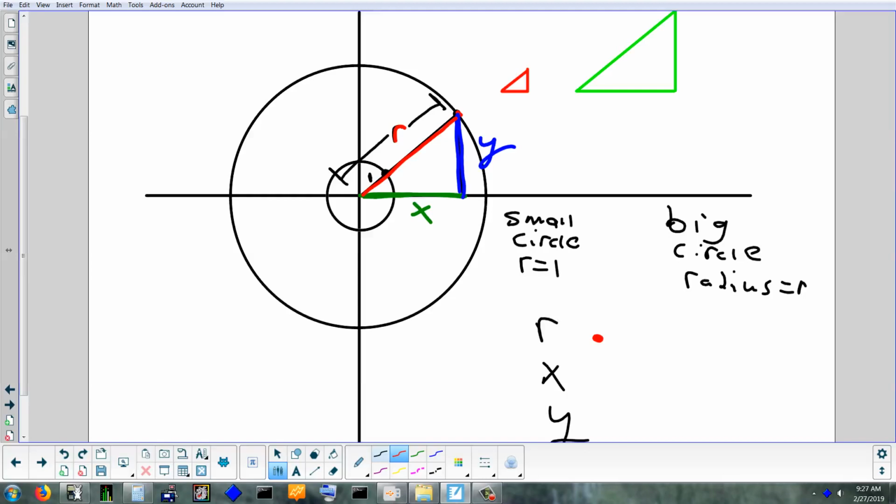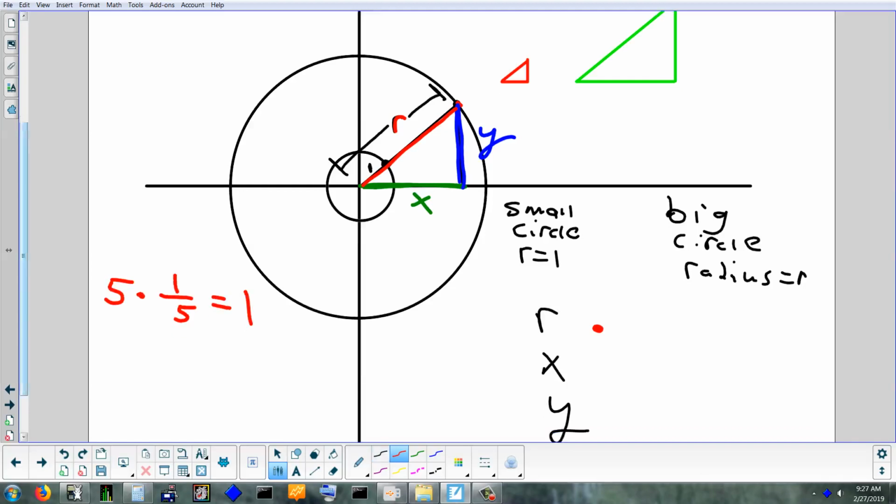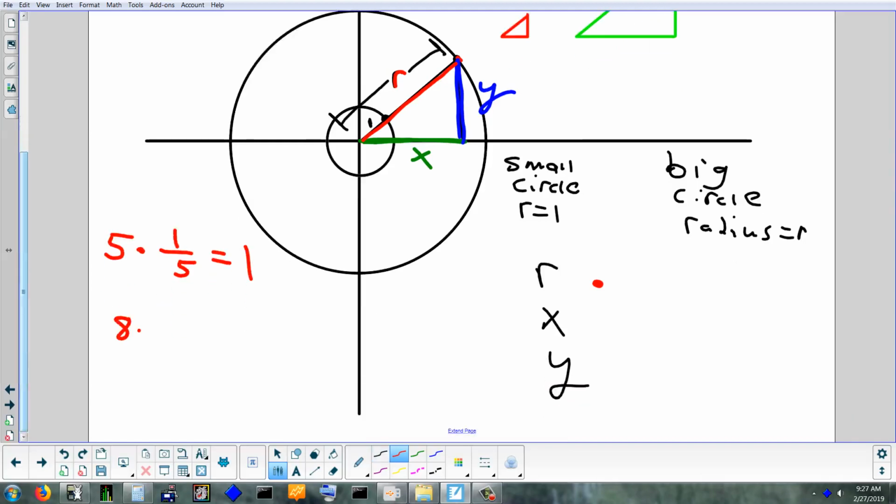So let's pretend that we had a number for r. Let's pretend that this was a radius of 5. What could you multiply 5 by to scale it down so that when you do that arithmetic out, it turns into 1? Yep. 1/5. What if you had a radius of 8?